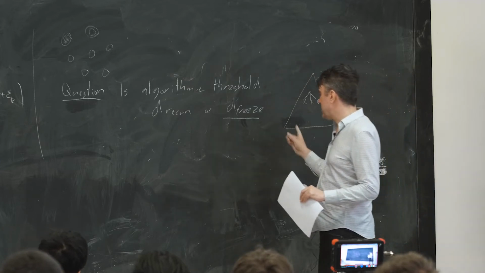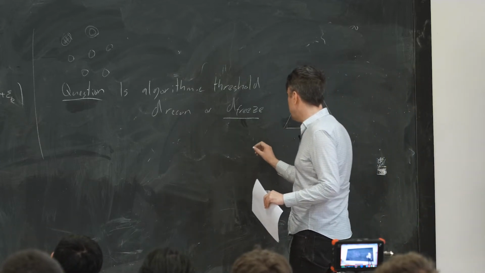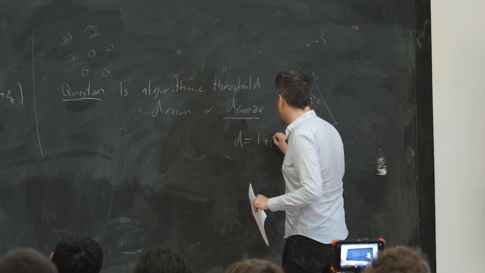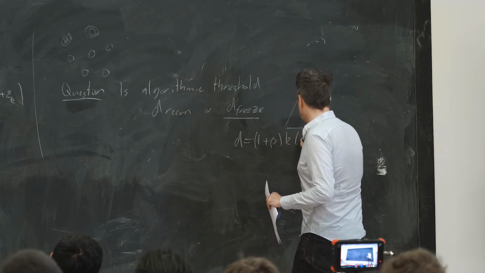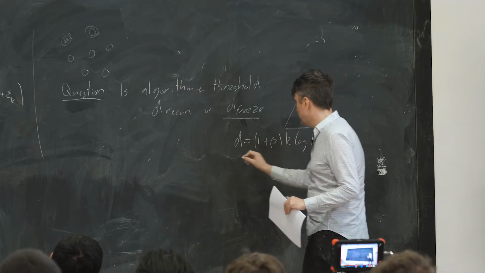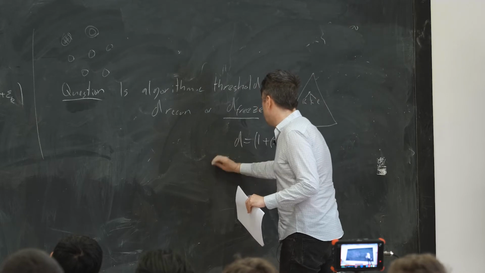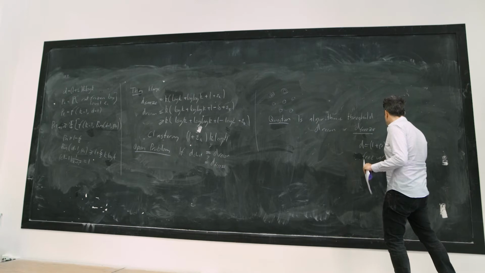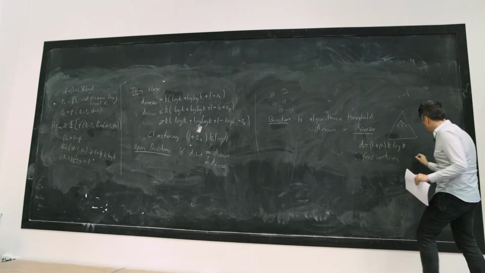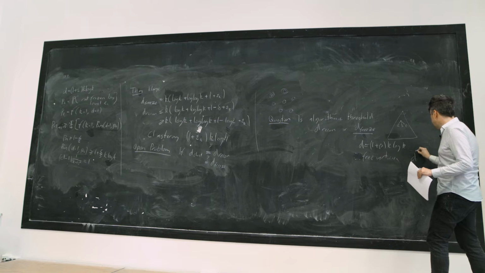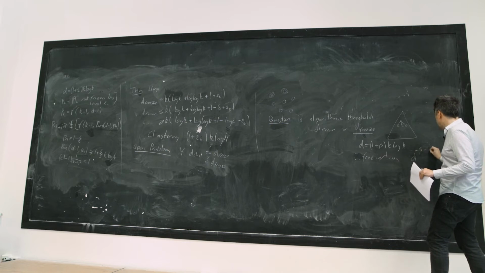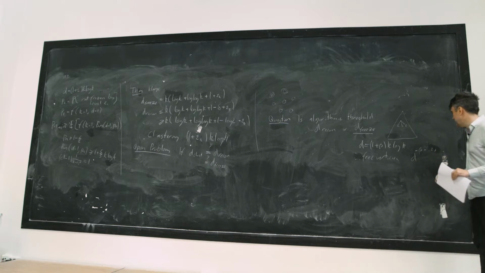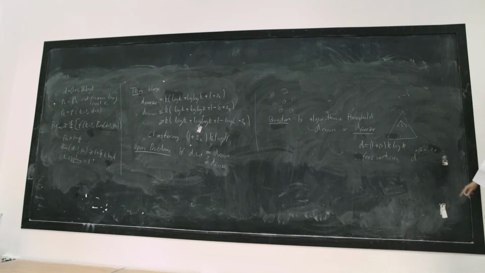And if you count what fraction you should see, if d equals, let's say, 1 plus beta k log k, then the fraction of, I'll call them free vertices, will be about d to the minus beta plus little o of epsilon d, so something tending to 0.